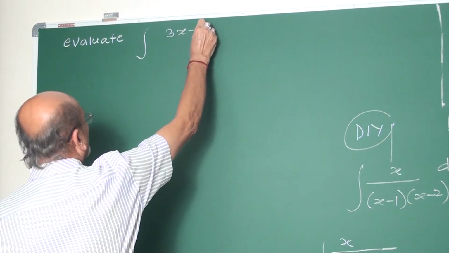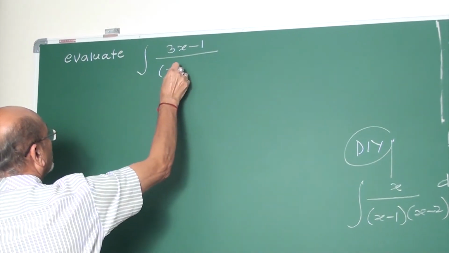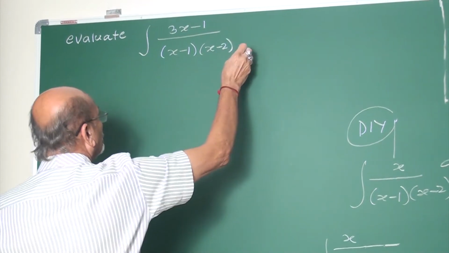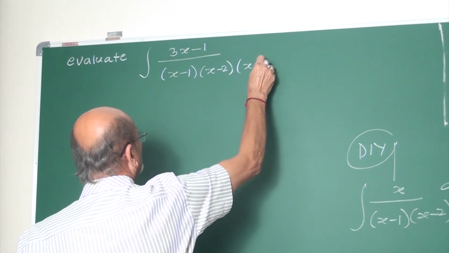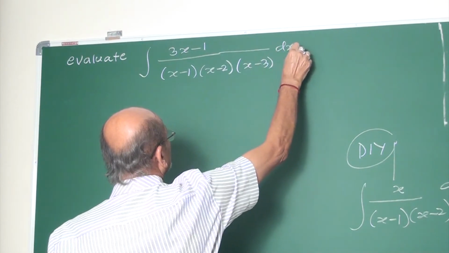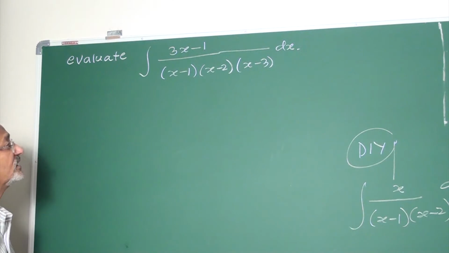3x minus 1 upon (x minus 1)(x minus 2)(x minus 3). Instead of 2, it contains 3 factors, my friends.